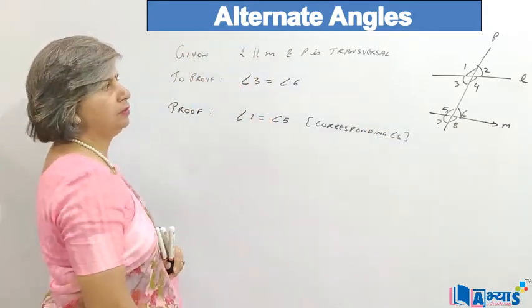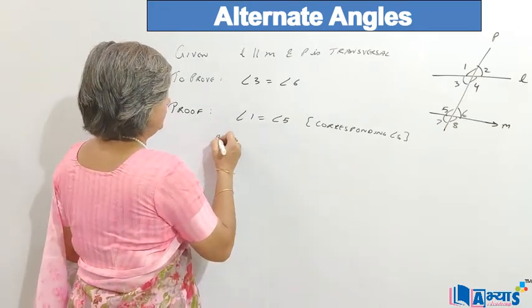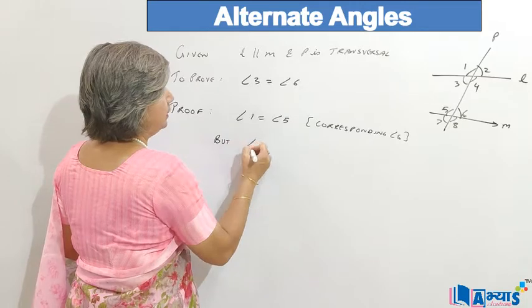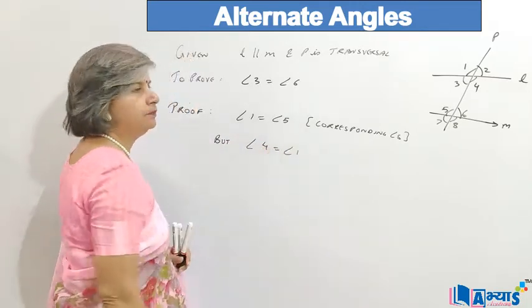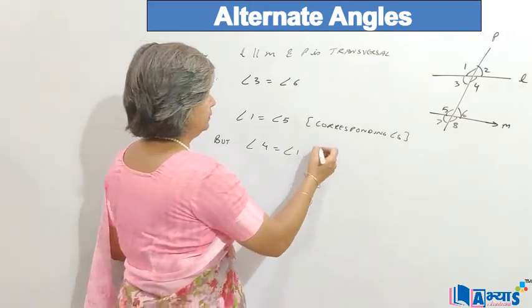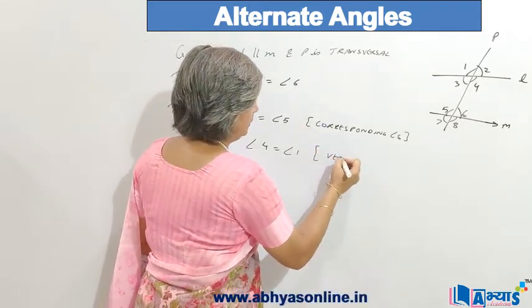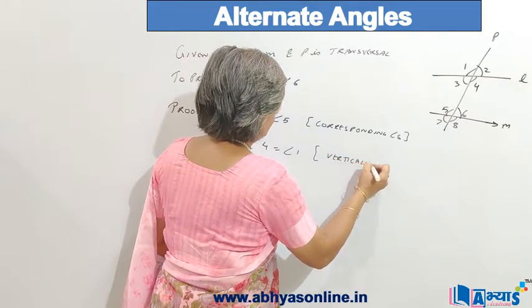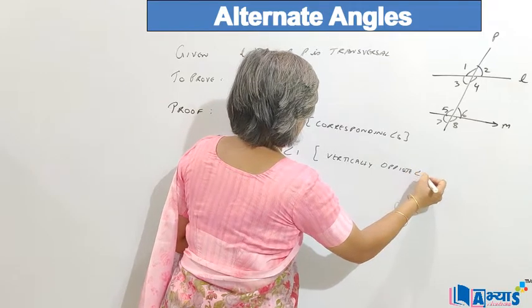So angle 1 is equal to angle 5, but angle 4 is equal to angle 1 because they are vertically opposite angles.